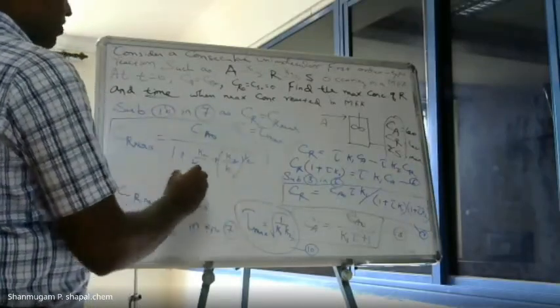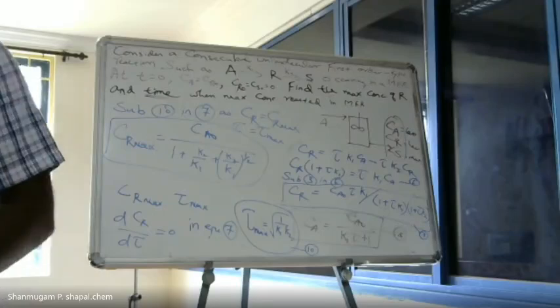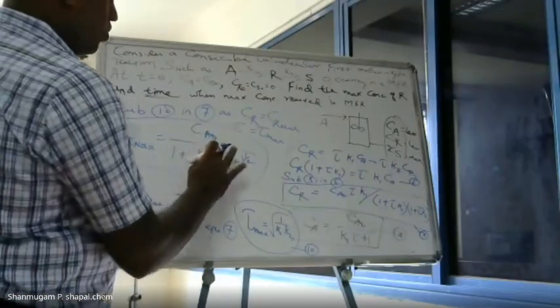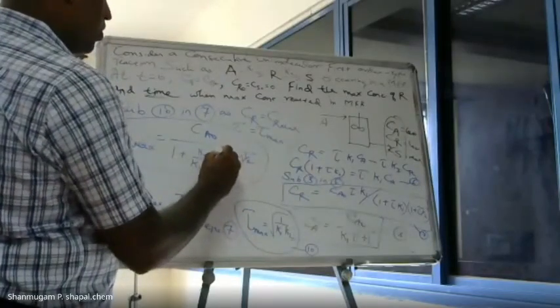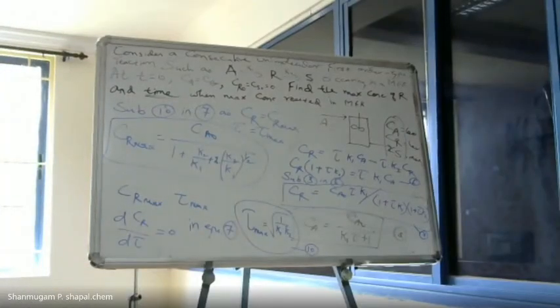This is the final answer that you will get for CR max: CA naught by 1 plus K2 by K1 plus K2 by K1 root. Maybe here there is a 2, I missed it. Plus 2. So this is the final answer you will get for the estimation of the maximum R and the maximum tau.